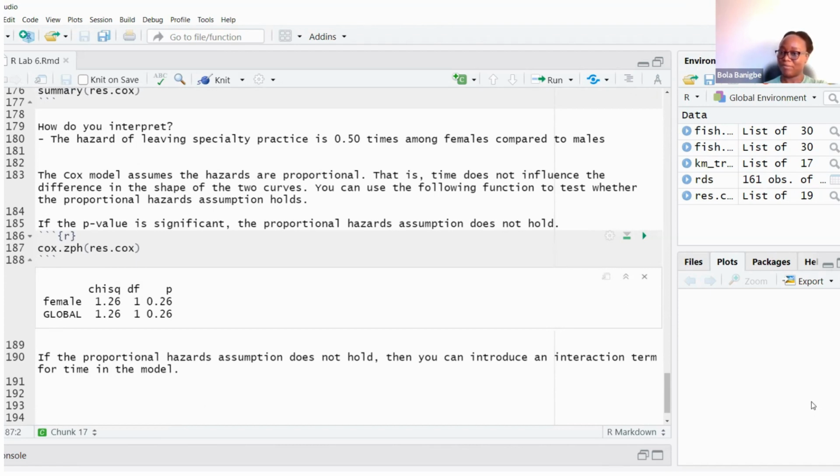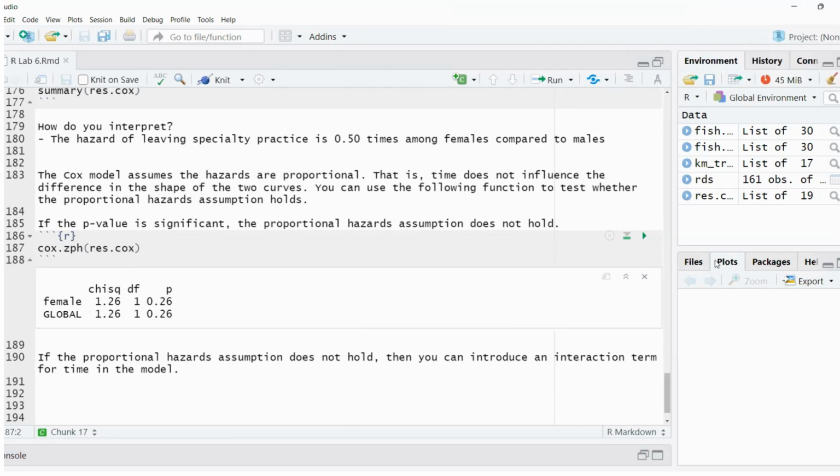If the assumption does not hold at this p-value, then the null hypothesis is that there was no difference in the hazards in both proportions. Hello? Hello? Yeah. Thank you, Zebo.